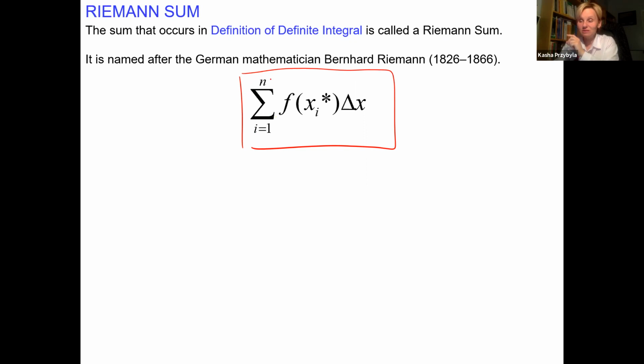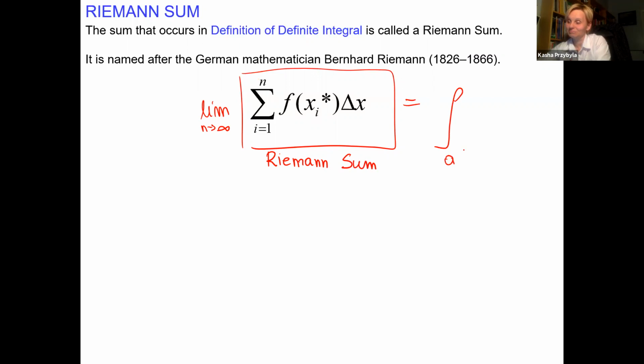But n will probably be a finite number. As soon as we add a limit, which means n goes to infinity, we're creating the definition of the integral. That means the limit of the Riemann sum is a definite integral.